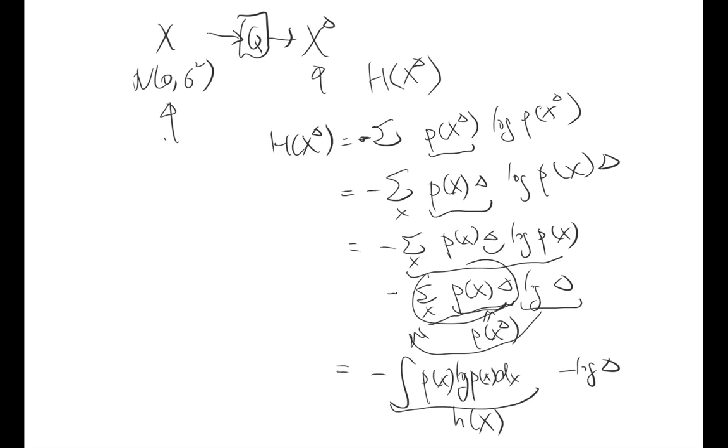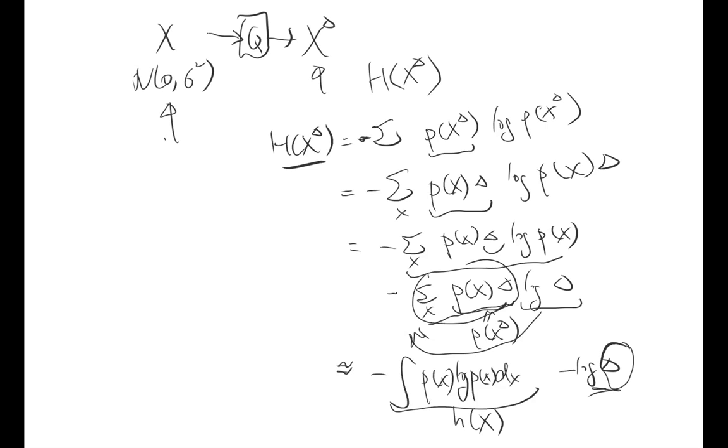So now I can connect the differential entropy with the regular entropy. If delta is sufficiently small, then it's a good approximation. Of course, this is approximate; the approximation starts somewhere here.